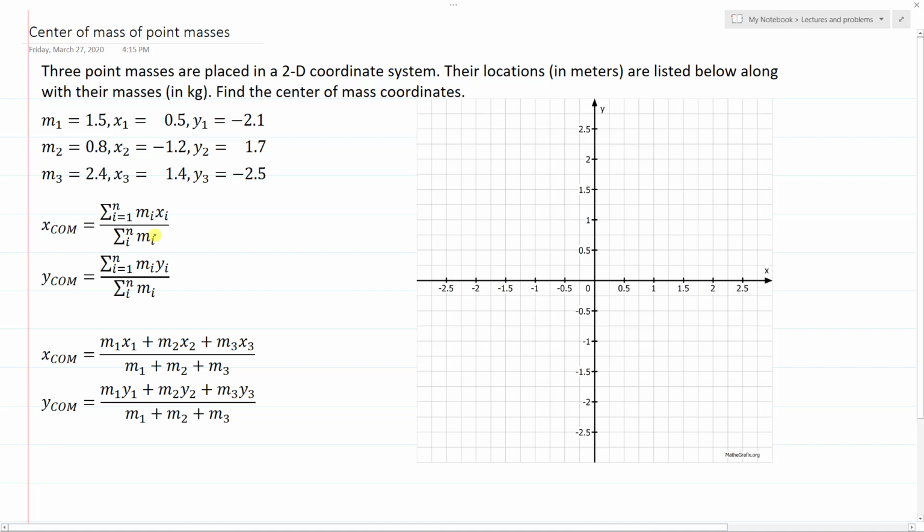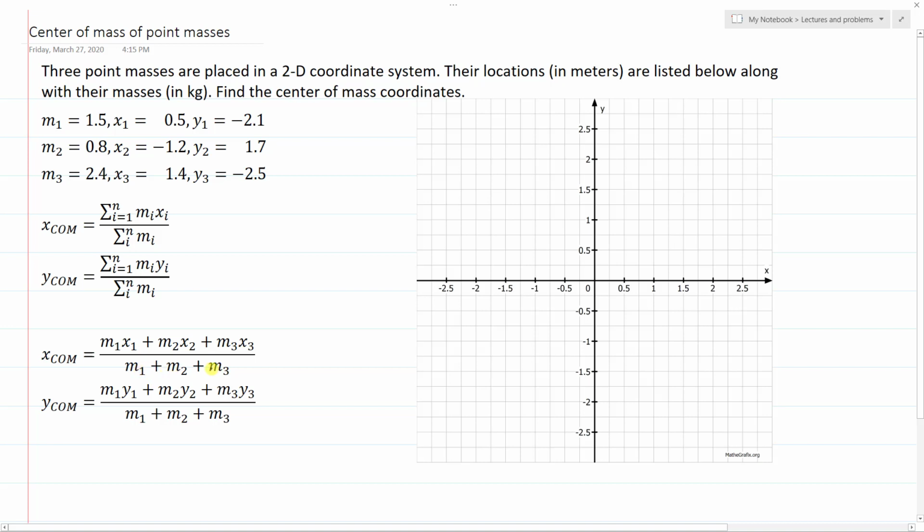And if this is confusing to you, we wrote it this way. For 3 masses, the top summation gives you m1 x1, and m2 x2, m3 x3. So all 3 terms are added together, masses and their corresponding x coordinates. And then the bottom summation is always the total mass, 3 masses.